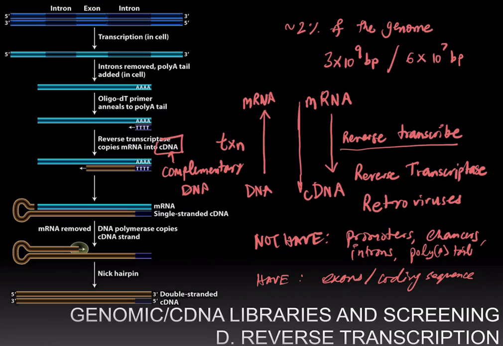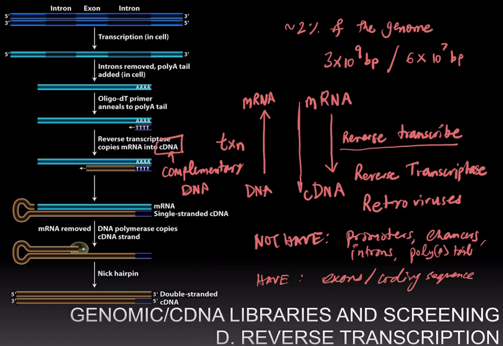Now, we used this example where we started with only one mRNA molecule. However, it's possible to do this process in parallel if you take all the mRNA in the cell. So let's say there are 5,000 genes expressed in a particular tissue.